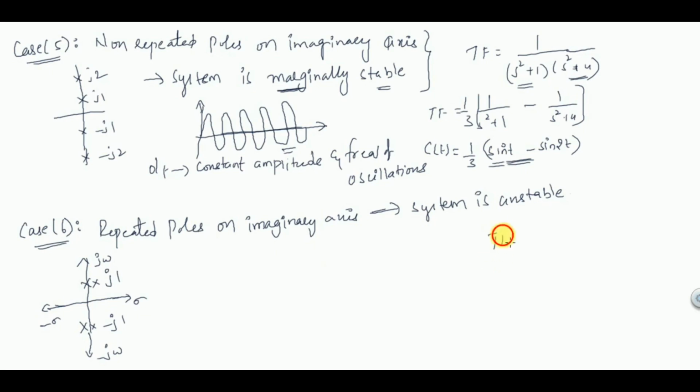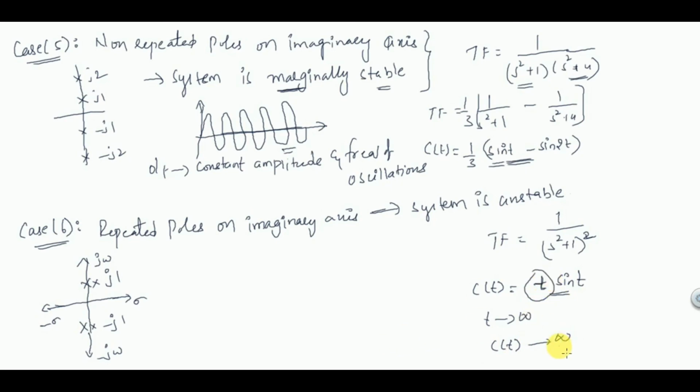The transfer function is 1 by s square plus 1 whole square. Then c of t now becomes t into sin t. When t tends to infinity, c of t tends to infinity, because this term becomes infinity.